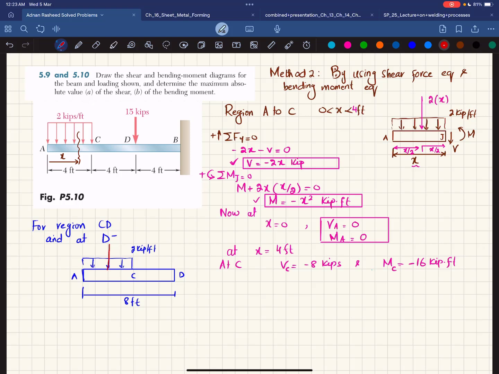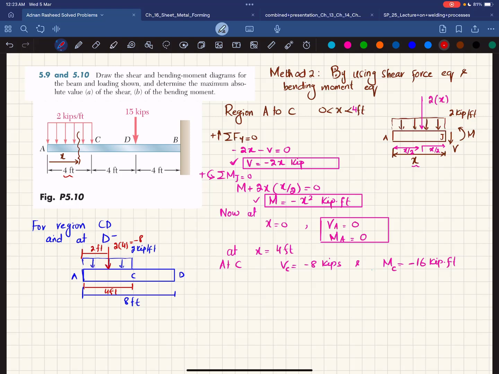It will be 2 multiplied by the length over which it acts, and this length is 4 feet. So it will be 2 into 4, which is minus 8. And that will act at a distance of 2 feet from both sides, so this will be 2 feet and the remaining will also be 2 feet.